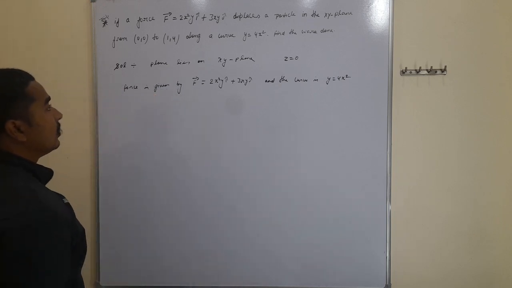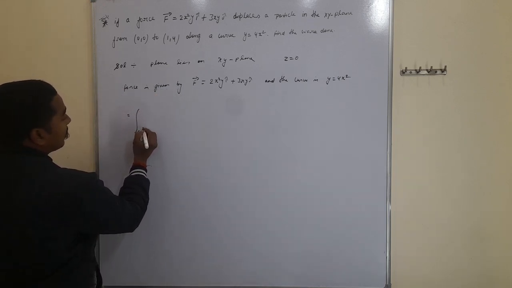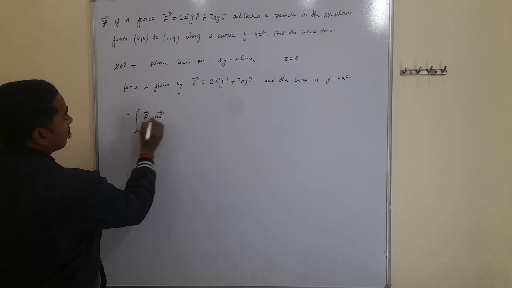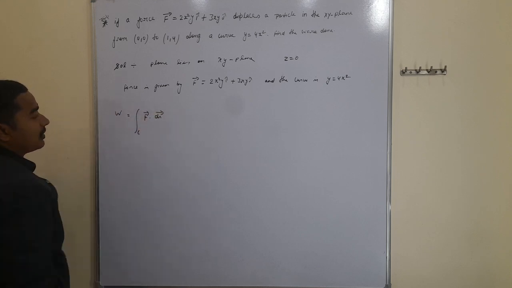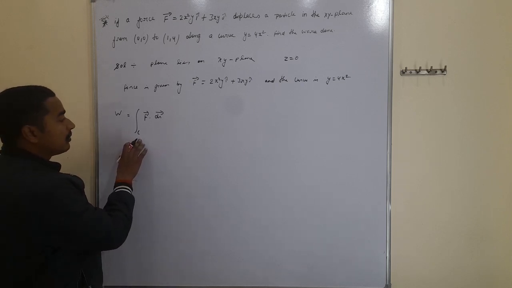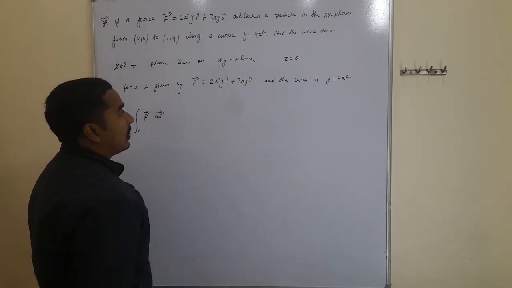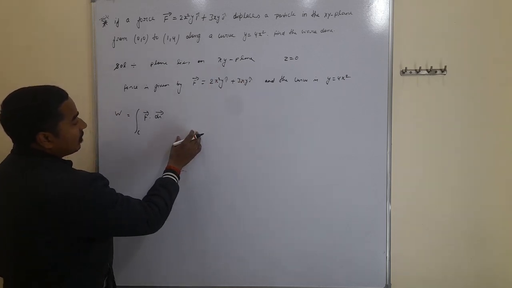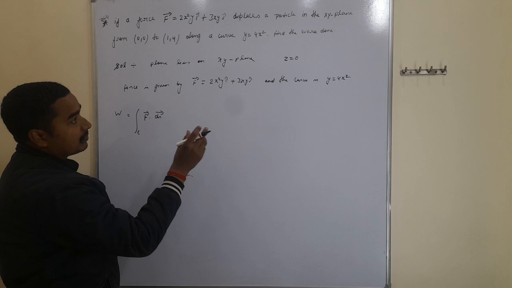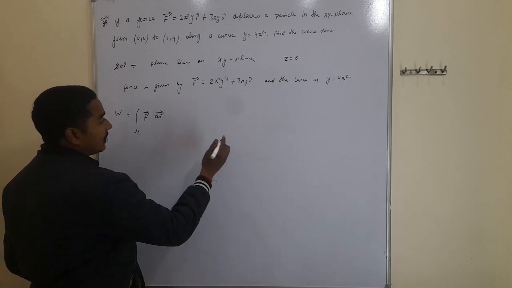We know that the work done is given by the closed integral of F vector dot dr vector. This is the work done formula, and here C represents the curve. The given plane is the xy plane, so we consider only the xy plane, where z equals 0.